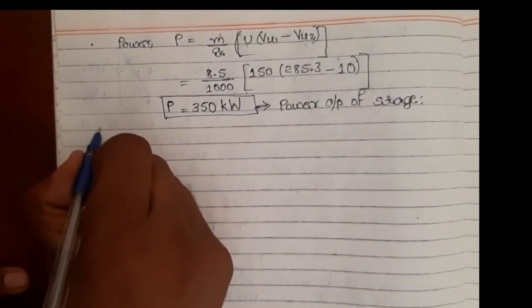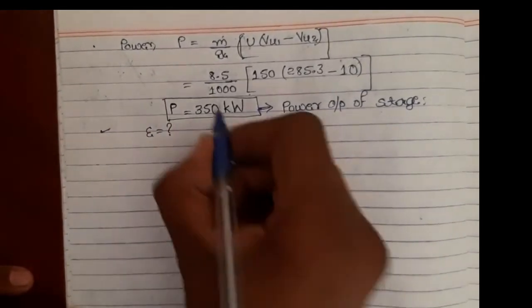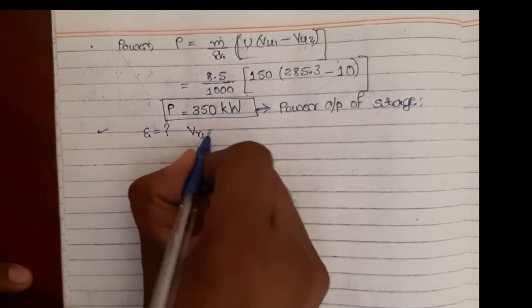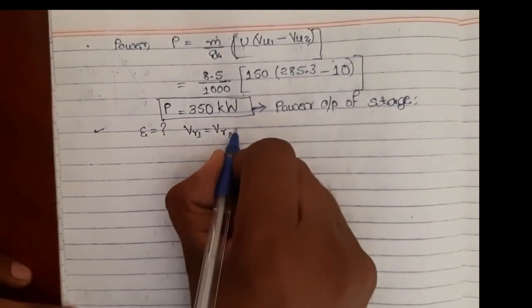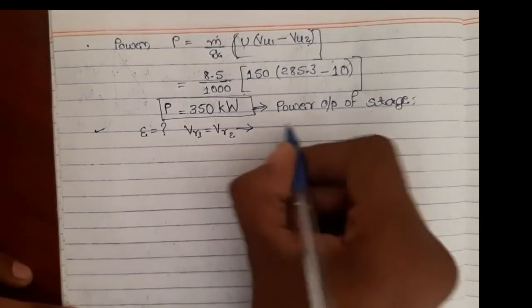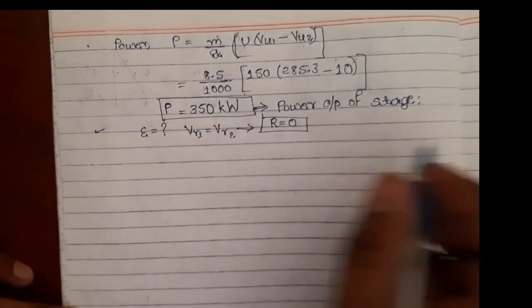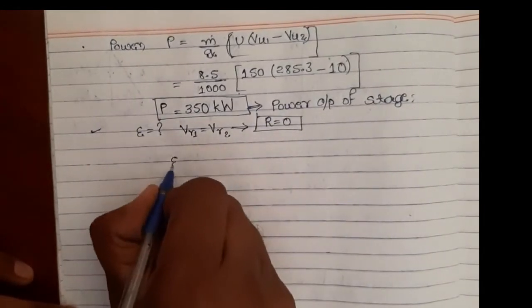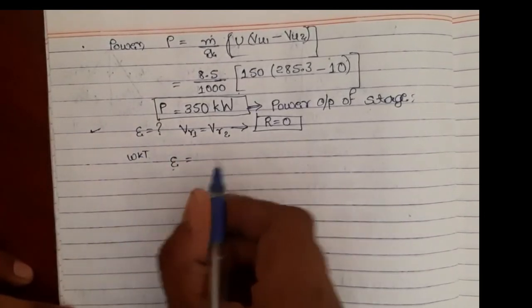Now he is also asking us to find the utilization factor, but upon the condition VR1 is equal to VR2, right? Since VR1 equal to VR2 is the condition for an impulse turbine, as we wrote in the beginning, in an impulse turbine we all know the degree of reaction is 0. Then the calculation becomes easy. We all know the formula, the relation between utilization factor and the degree of reaction.